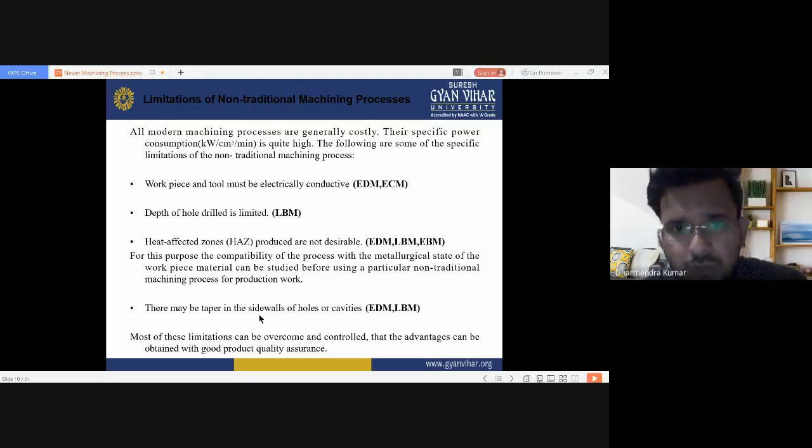For this purpose, the compatibility of the process with the metallurgical state of the workpiece material can be studied before using a particular non-traditional machining process for production work.